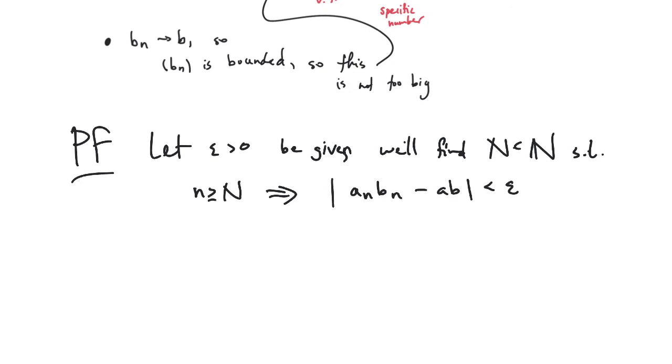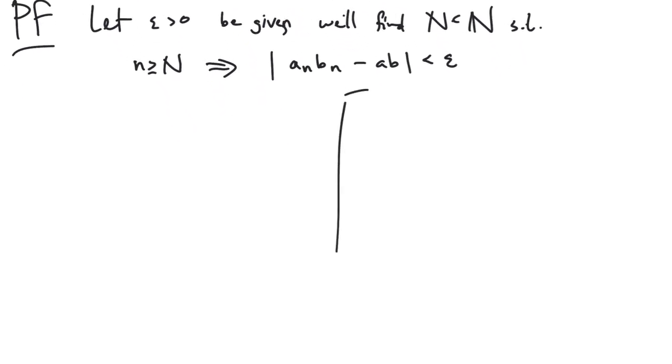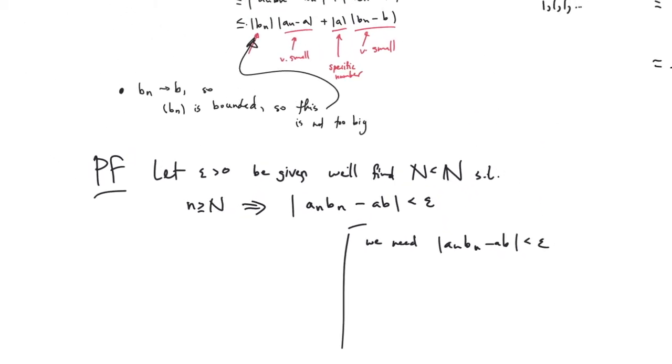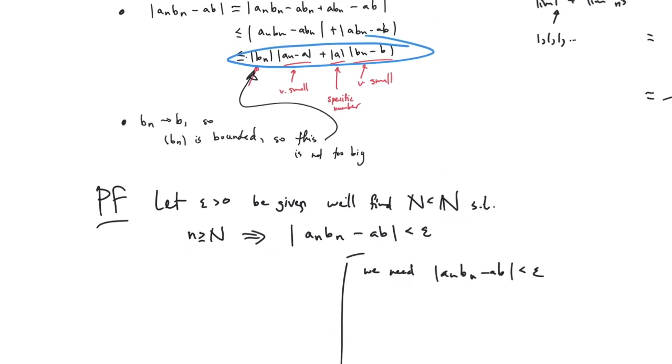Now let me write my little sidebar here where I try to figure out how to choose that N. Remember, we need |an bn minus ab| to be less than epsilon. Remember this business up here: |an bn minus ab| is less than that thing that I circled in blue.